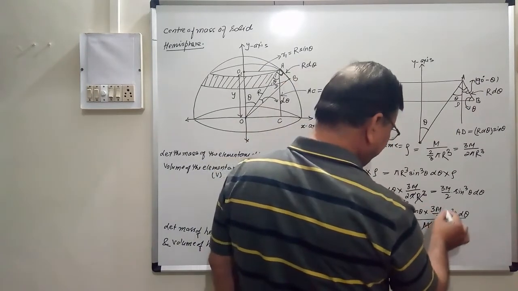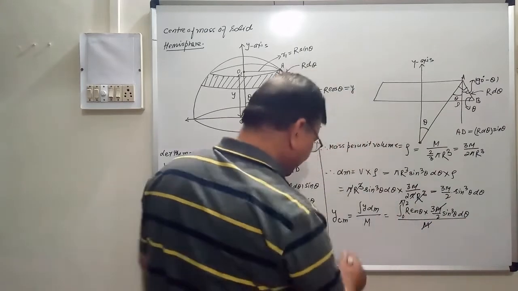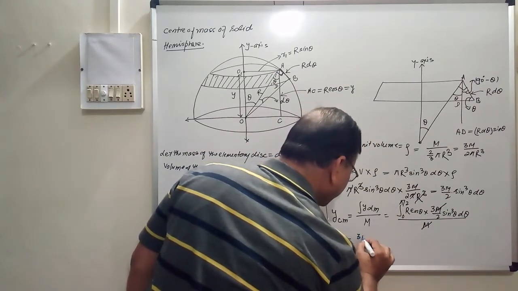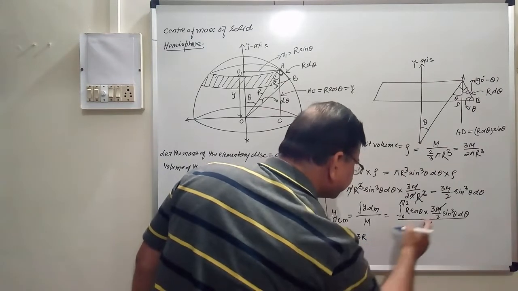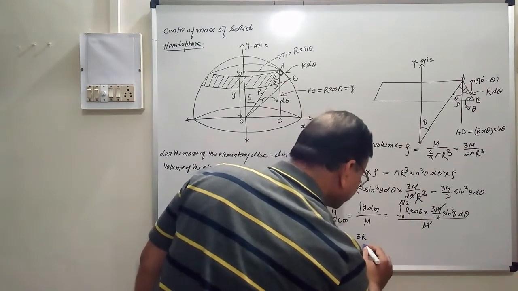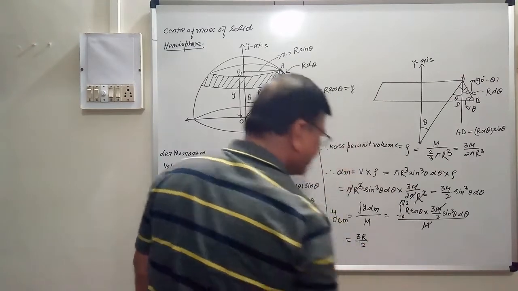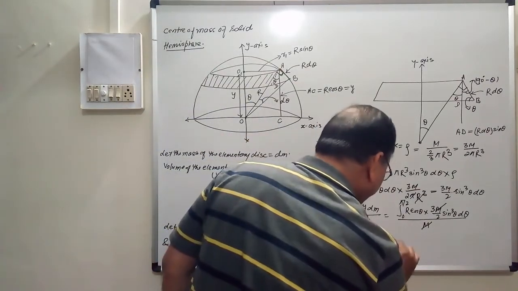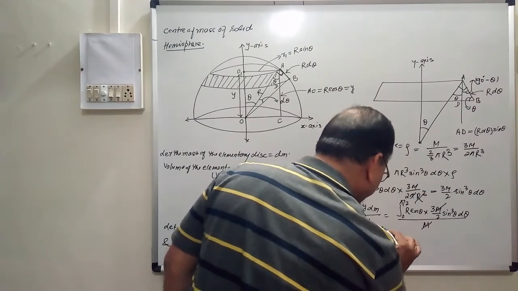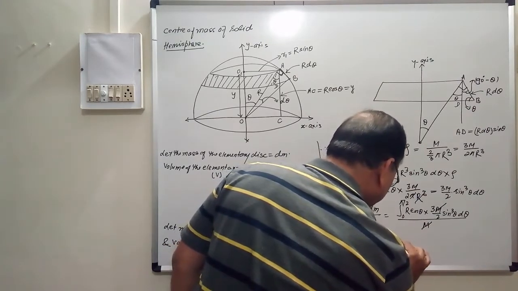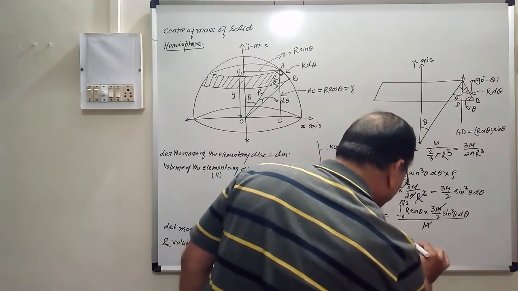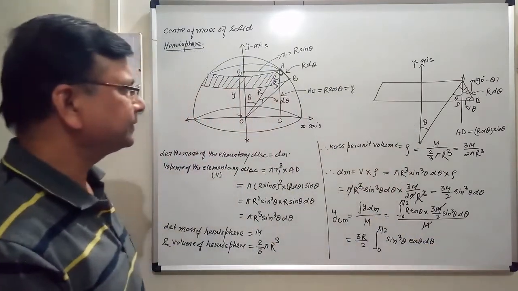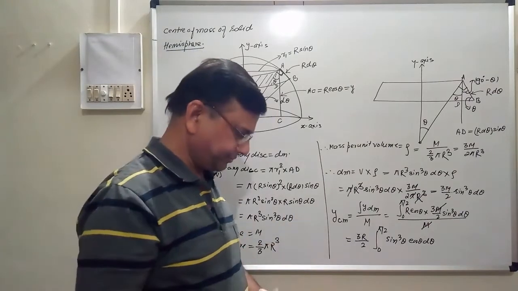Now this m will go with this m. So we will get 3r by 2 integration 0 to pi by 2 sine cube theta cos theta d theta. Is it clear? Now we will integrate this.